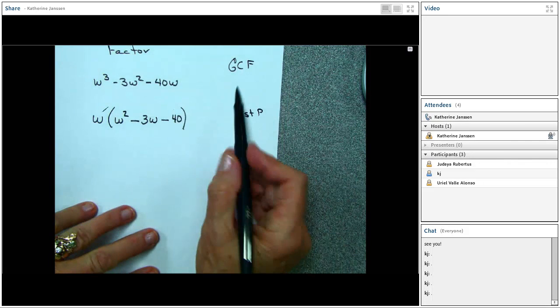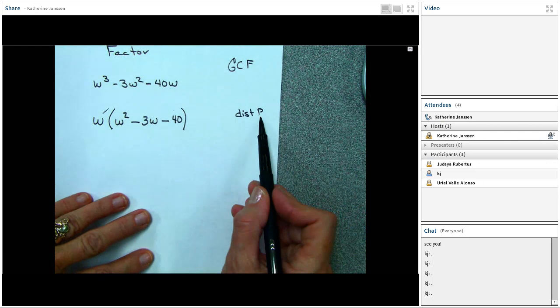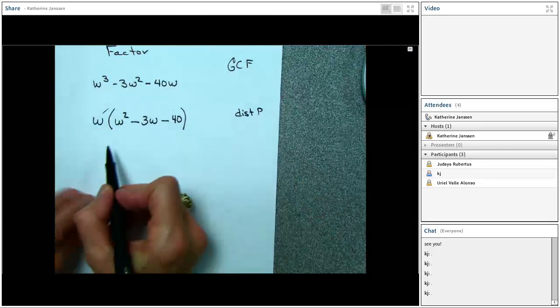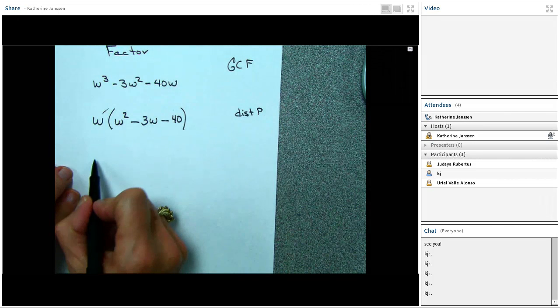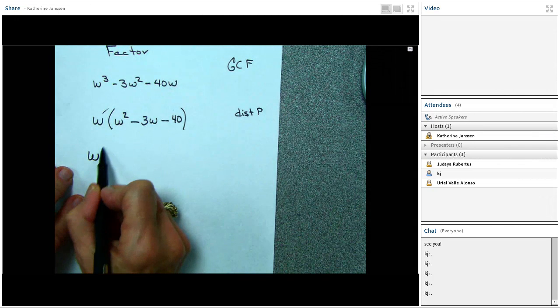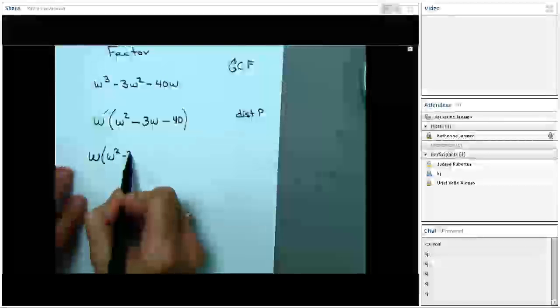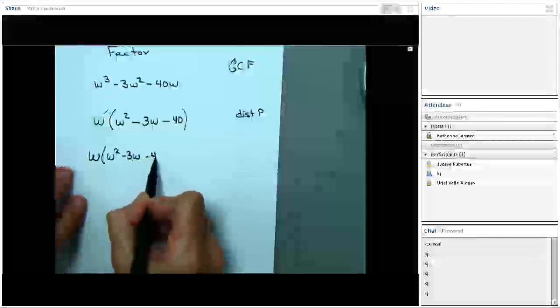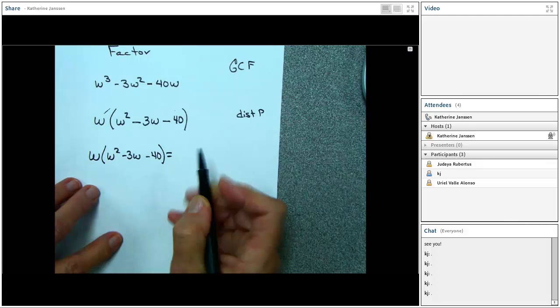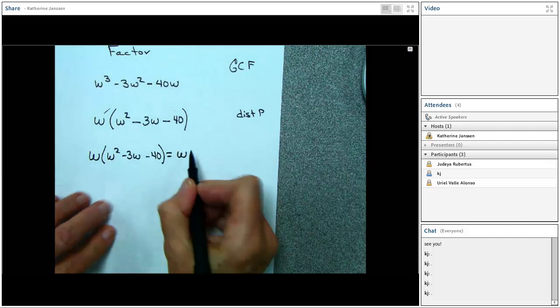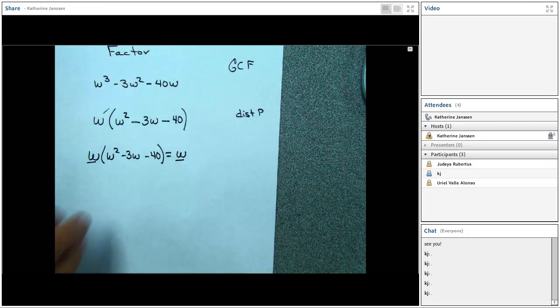So I was able to find the greatest common factor. I used the distributive property in reverse, and I have a greatest common factor, W times W squared minus 3W minus 40, which I expect I can factor as W. Don't forget to carry along your greatest common factor.